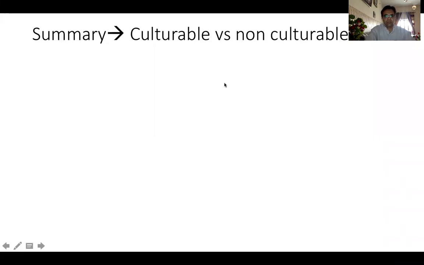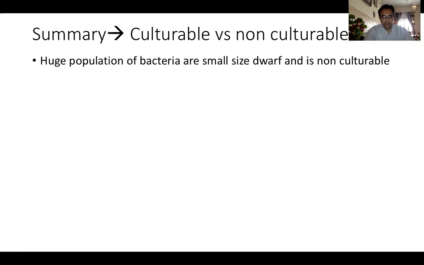So if we summarize all what we have discussed till now, there is a huge population of bacteria in the soil, which are small in size, and we call them dwarf. Each dwarf community is basically not culturable.